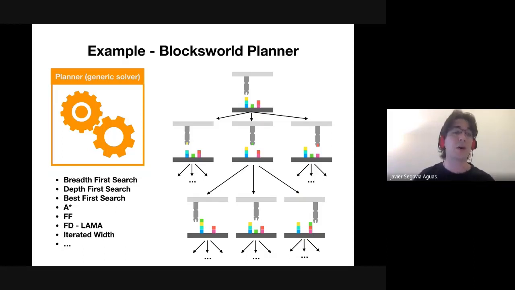Let's say the most basic ones that are pretty old, like breadth first search, depth first search, or best first search, and there are others that are more novel, like A*, and recently others that use heuristics like FF or FD, exploiting the structure of the state. There are a bunch of algorithms, a bunch of heuristics that can be used to explore in this space.